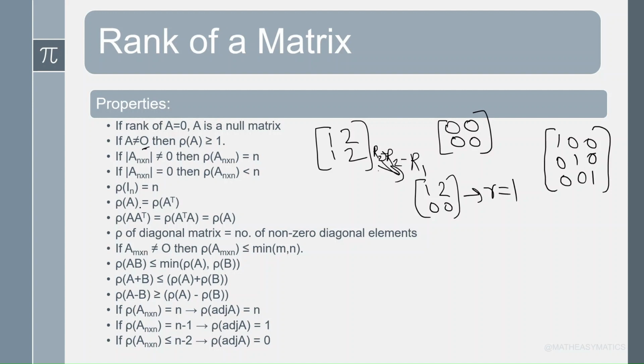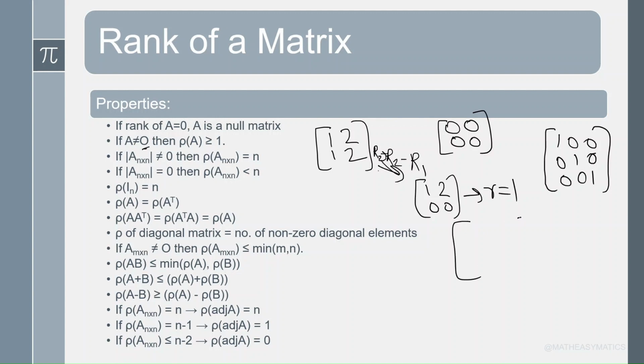It is true as we can perform elementary operations on A and convert it into A transpose, and as we know that elementary operations do not alter the rank of the matrix. Same goes here: rank of A into A transpose equals rank of A transpose into A equals rank of A.